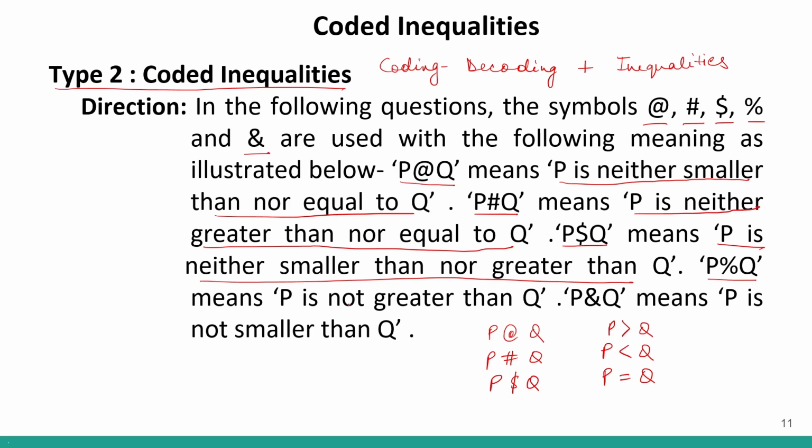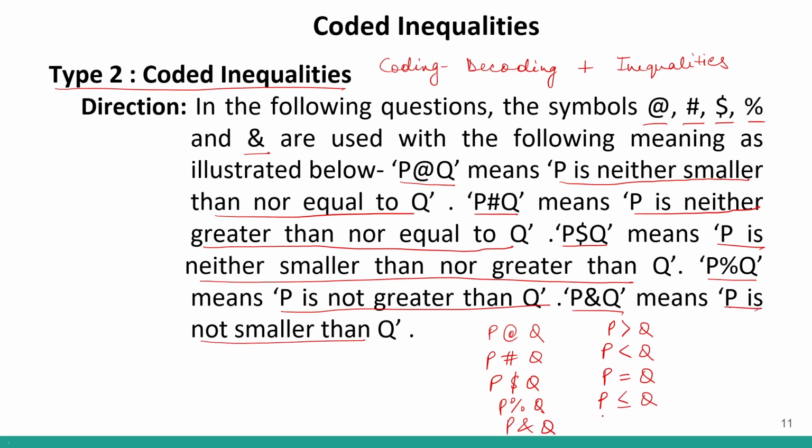Then p percentage q means p is not greater. So if you are not greater, you could be either smaller or equal, correct? And p and q means p is not smaller.